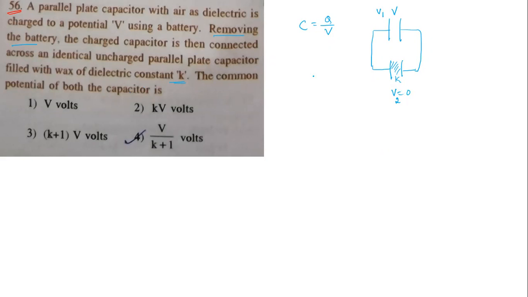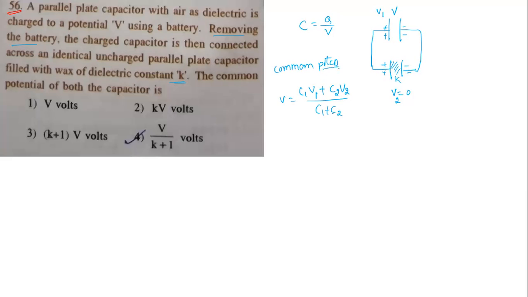Charge remains constant and the common potential is given by V equal to C1 V1 plus C2 V2 divided by C1 plus C2. This is the formula for common potential when they are connected in parallel combination. This is a positive plate, this is a positive plate, this is a negative plate, this is a negative plate, like that.